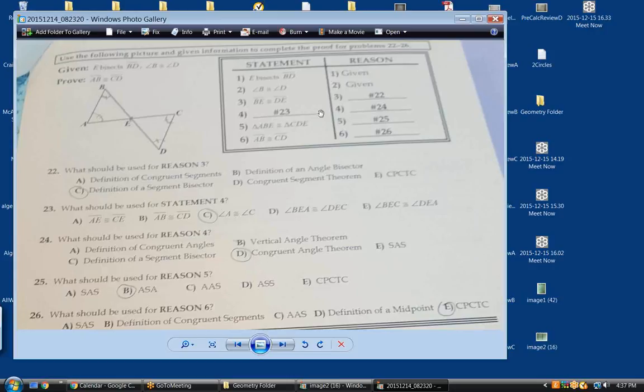Now it gets tricky. Notice that the 4th row, they don't give you either one. So let's look at the 5th row. The 5th row says that this triangle is congruent to that triangle. So what does the 4th row statement need to be?